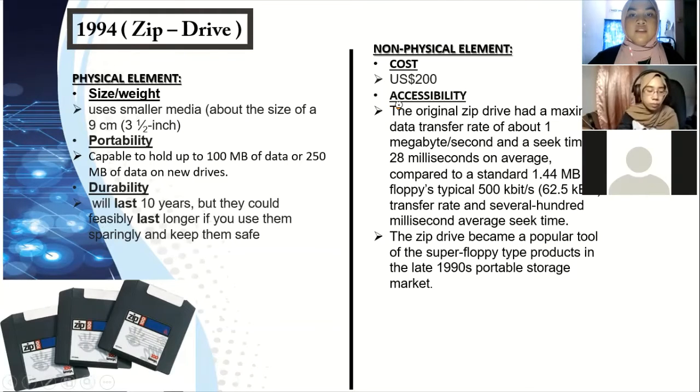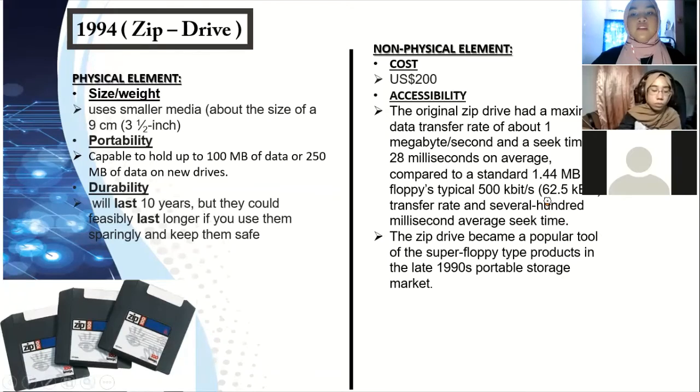For the accessibility, the original zip drive had a maximum data transfer rate of about 1 megabyte per second and a seek time of 28 milliseconds on average, compared to a standard 1.44 MB floppy's typical 500 kbps.